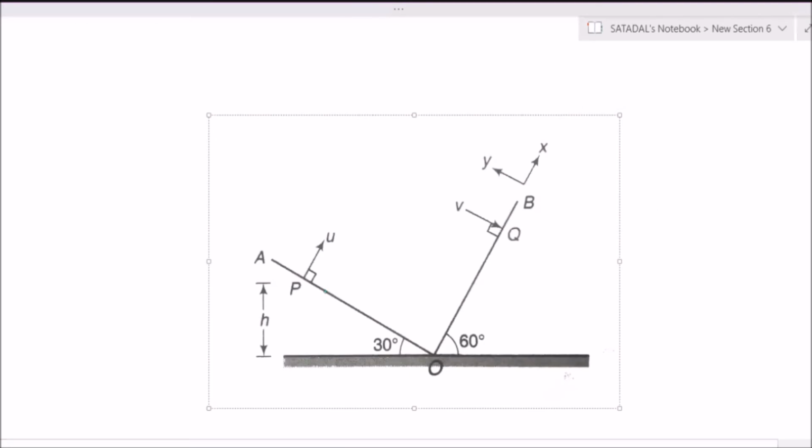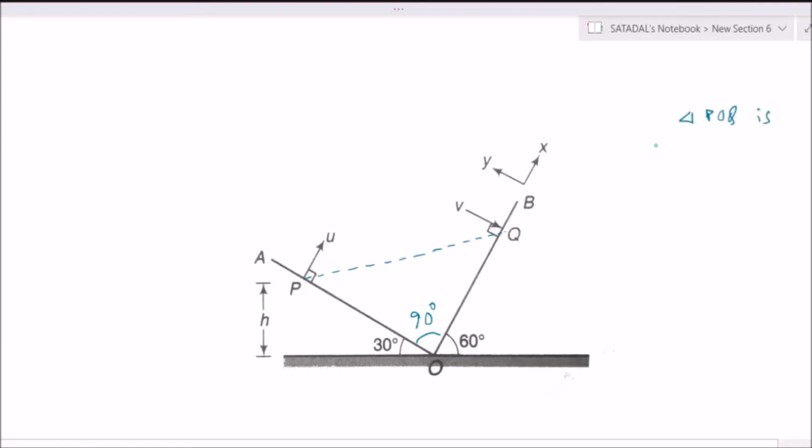Right. So you check here. In this case, they are asking this distance. Right? They're asking this distance. So is this angle 90 degrees? Right? So in this triangle, can I write triangle POQ is a right angled triangle?